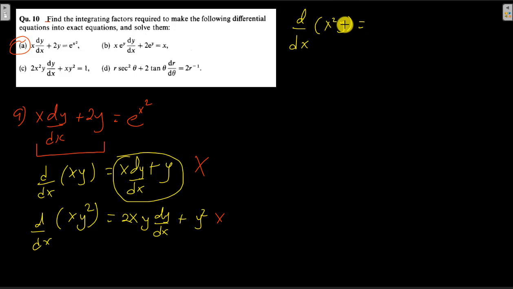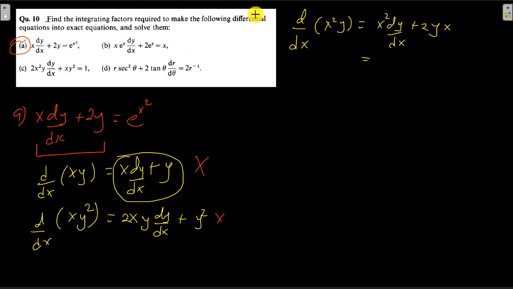So if I keep x squared as a constant, the derivative of y, that's going to be dy dx plus, I keep y as a constant, the derivative of x squared is actually 2x.